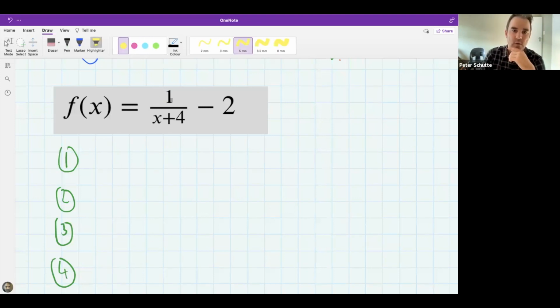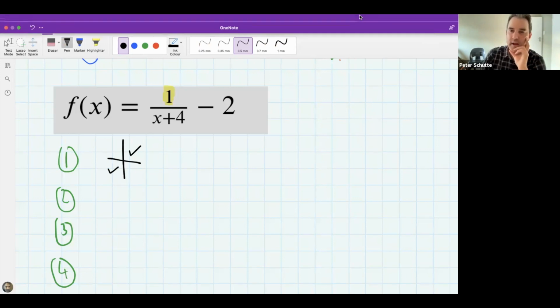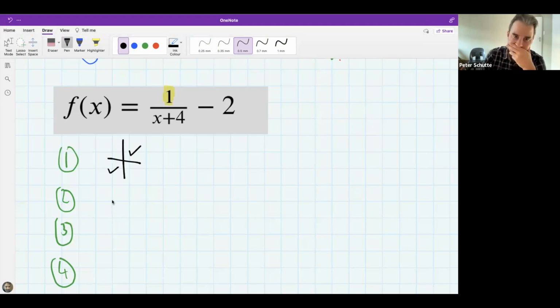So I see that that number is positive, and so I know that those quadrants are going to be involved. That is step number 1. That's my first asymptote. What's my second asymptote going to be?